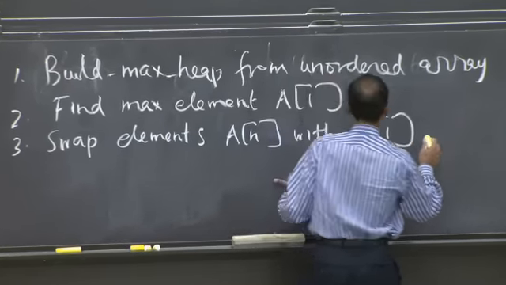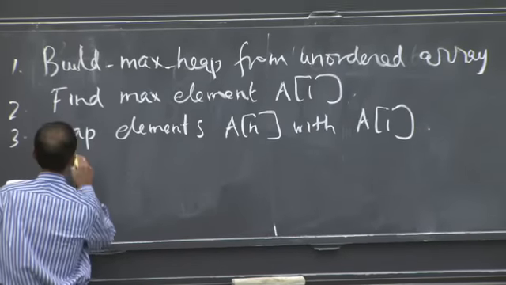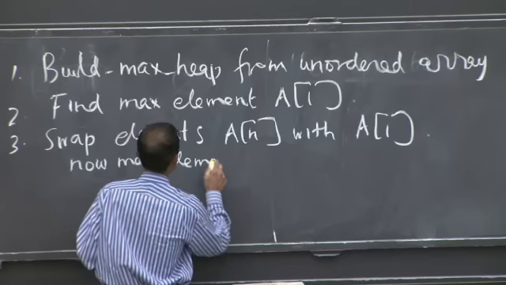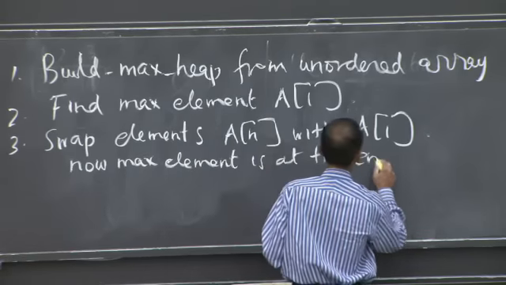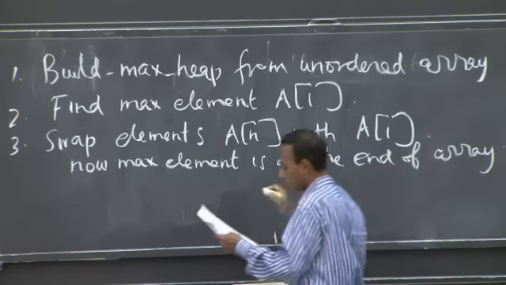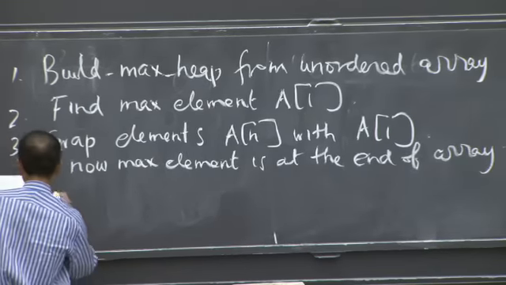Okay, and let me write this out and I'll explain exactly what that means. Now the maximum element is at the end of the array, when you do the swap. That's the one step that I'll have to spend another minute on.